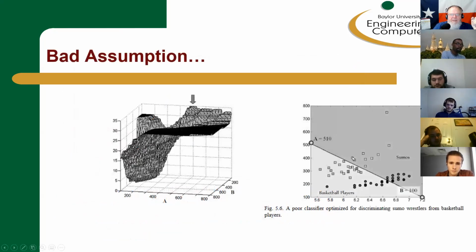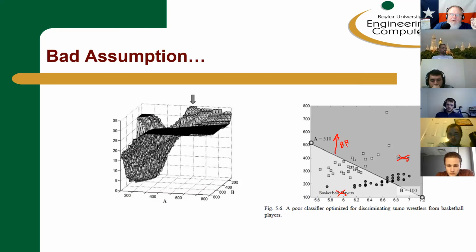And here's an extreme example. Suppose that I had A and B here, and I assumed that basketball players were above the line.